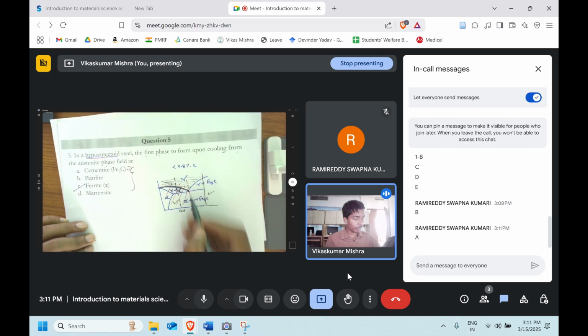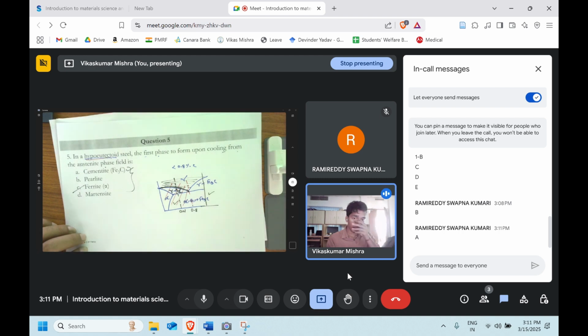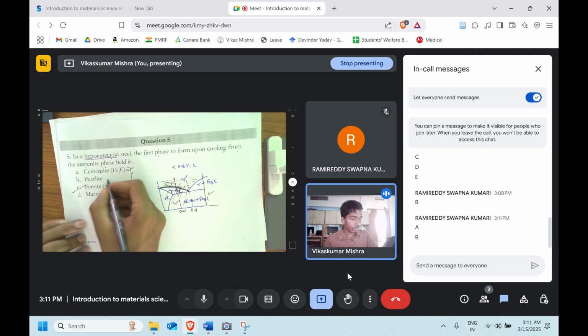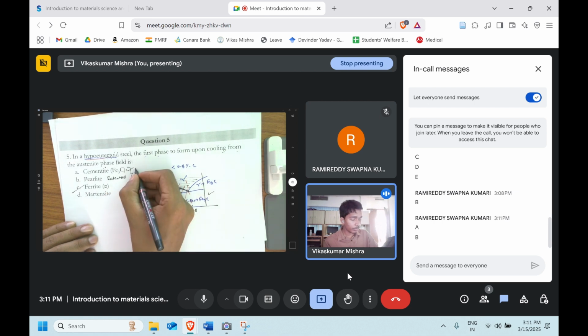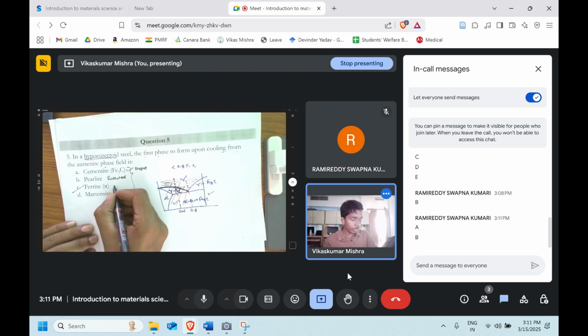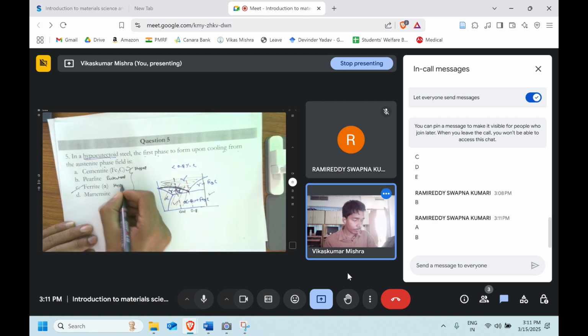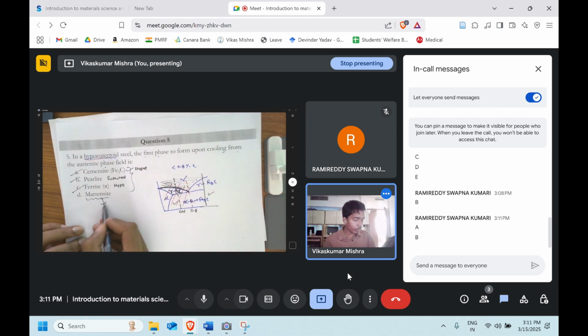Which phase will form first after we cool from the austenite? Among these, which one will be the right answer? What do you think? Answer B will be the right answer. So this is for the eutectoid. This will form first for the hyper, and this one will form for the hypo. Martensite will form when we do rapid cooling.